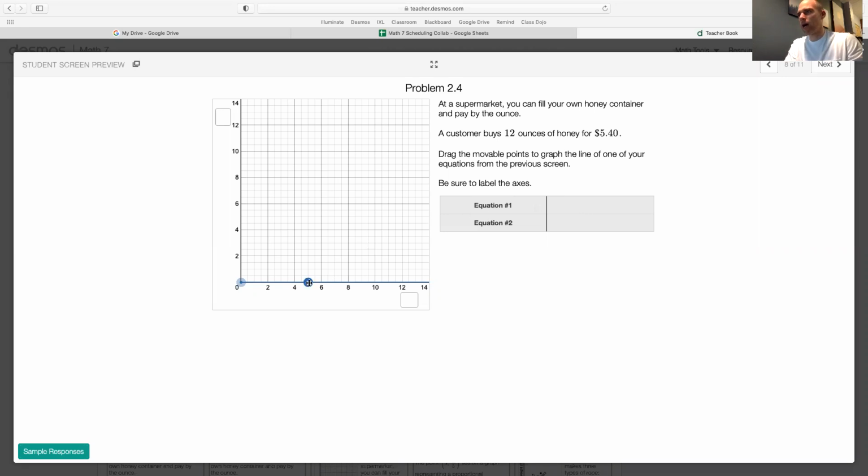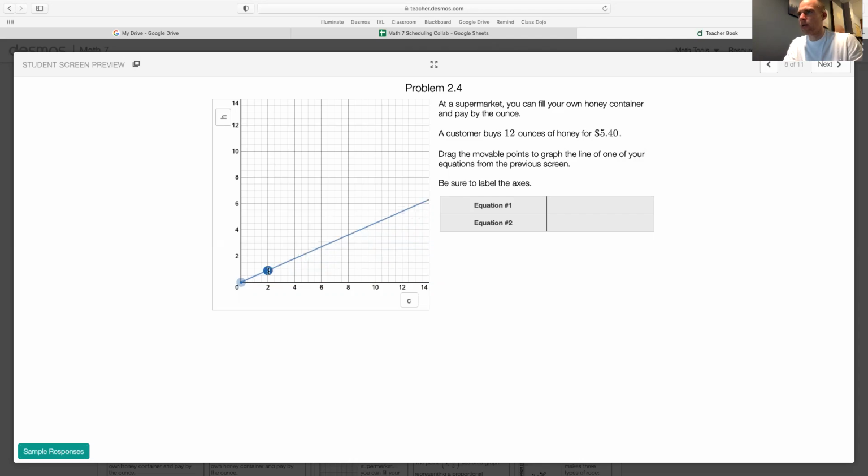All right, so I get to pick here. I'm going to make the x-axis the cost, and the y-axis the ounces of honey. For whatever reason, that's just an easier way for me to think about it.